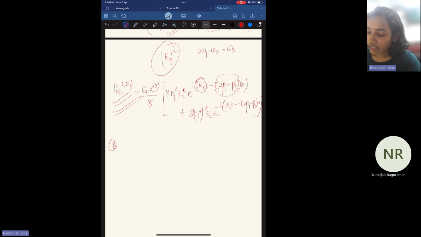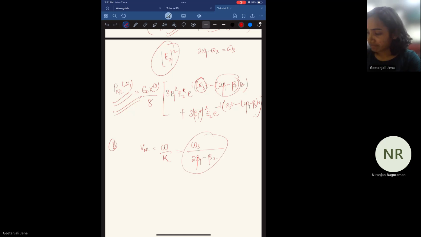So that means the velocity is nothing but omega by k. This is omega 3 divided by (2 beta 1 minus beta 2). So is this clear?